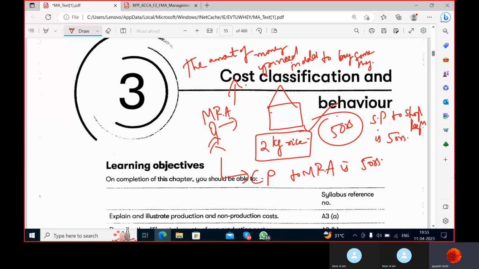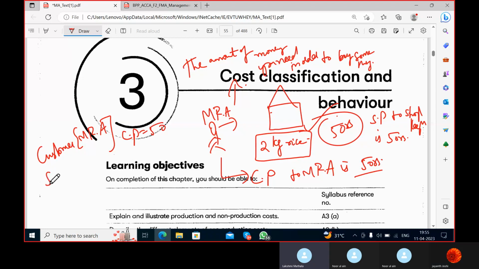Yeah, 50. So to Mr. A, who is a customer, 50 rupees is the cost price. So for the shopkeeper, selling price is equal to 50. Okay. So this is what it is about cost.